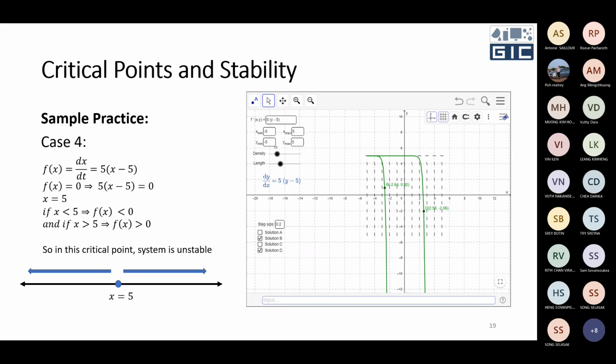So in order to identify whether your system is unstable, stable, or semi-stable, you can use only the phase diagram like this. But in order to show the flow of the system, you can use the slope field.